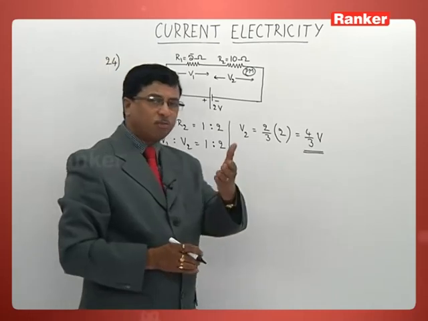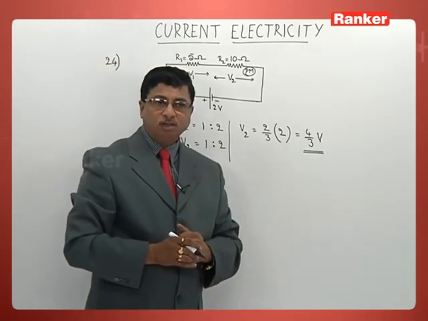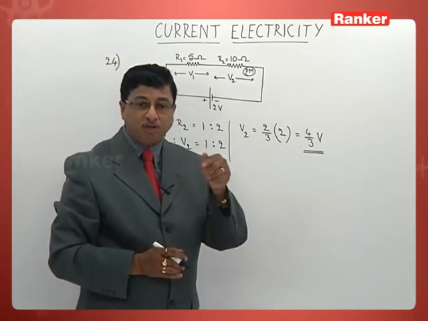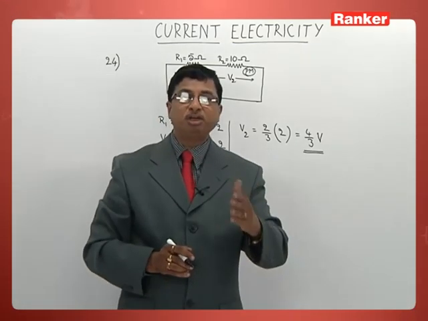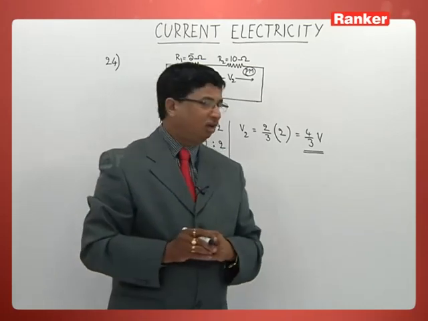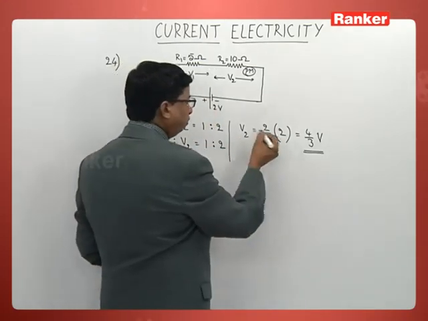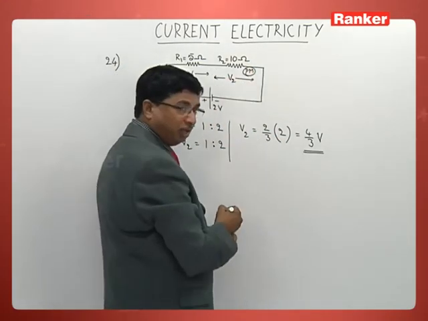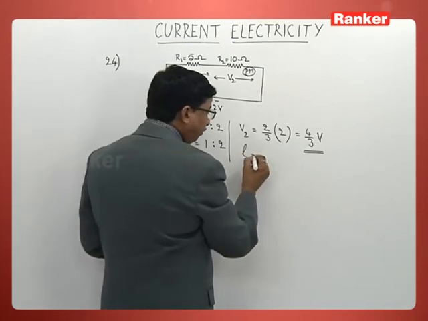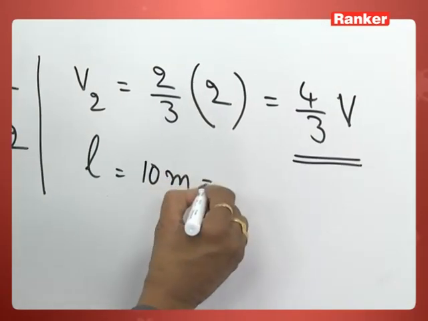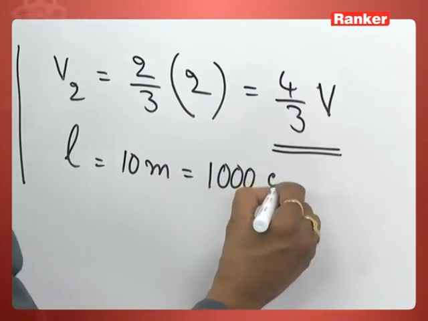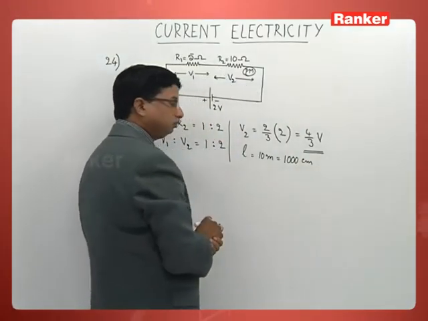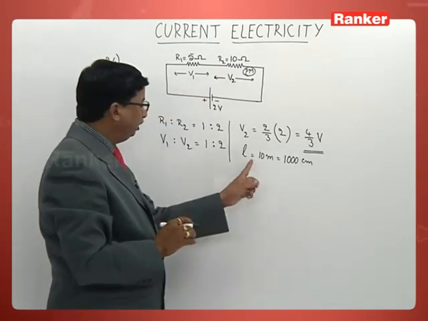Now look at the first bit what he is asking for. The potential drop per centimeter if the length of the potentiometer wire is 10 meter. Now all of you can understand V2 is PD across the potentiometer wire and length is given 10 meter, that you can write directly as 1000 centimeter, 10 into 100.